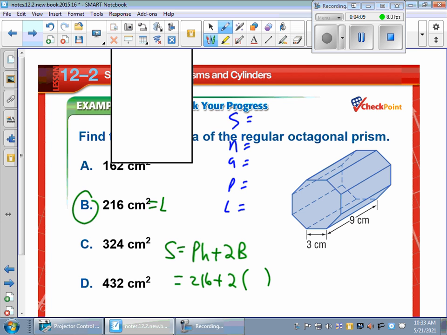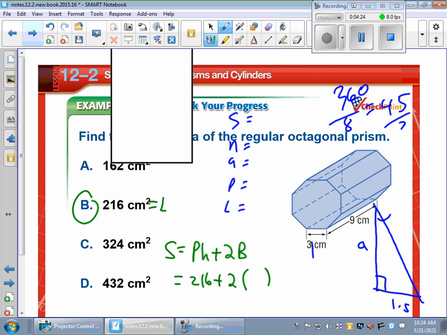If I sketch this triangle, we know that the total distance is 3. We cut that in half, so this is 1.5. This is A, the apothem, and we need the angle. 360 divided by 8 is 45. You divide that by 2 to get 22.5. We're trying to find the apothem right now, because the side length is 3, number of sides is 8. Multiply those together, this is 24. So we need the apothem.